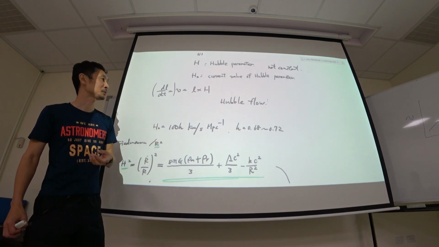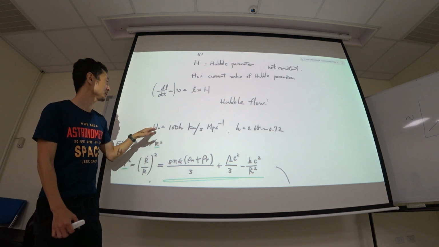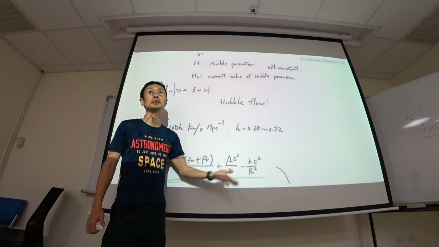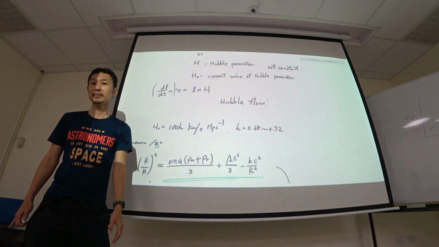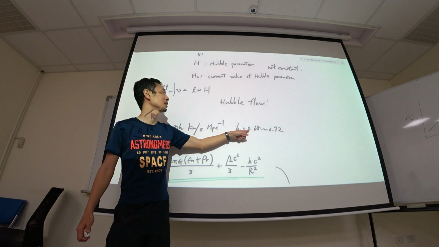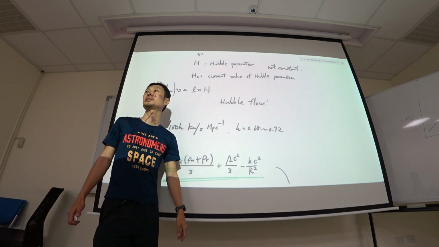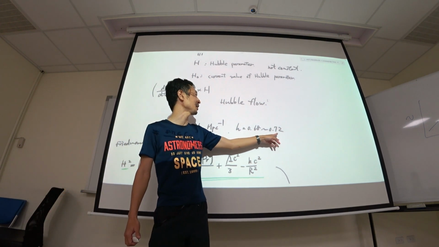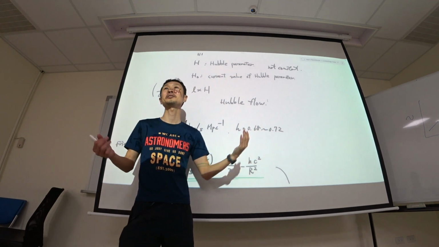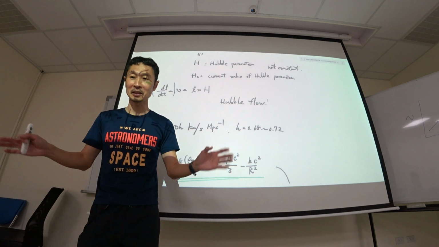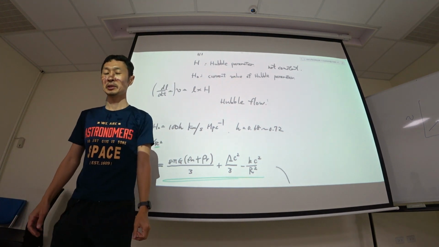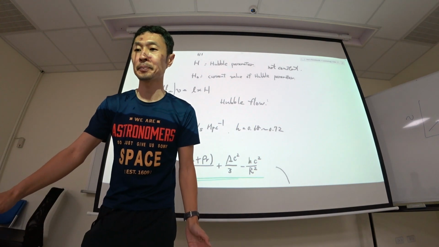The current best measured value is something like 70 for the Hubble constant, or 0.7 in small h. You might know there's no final conclusion on this. Some teams say it's 72, and some teams say 68, and there's still a lot of controversy. Okay, fine. We can talk about it another time.